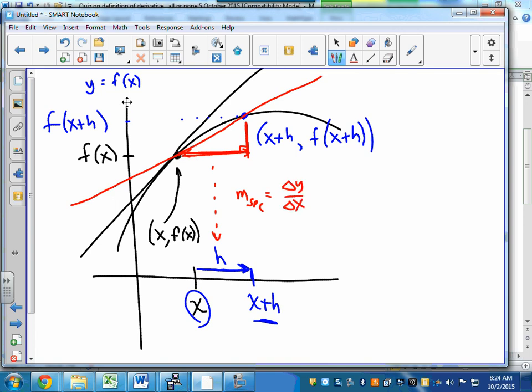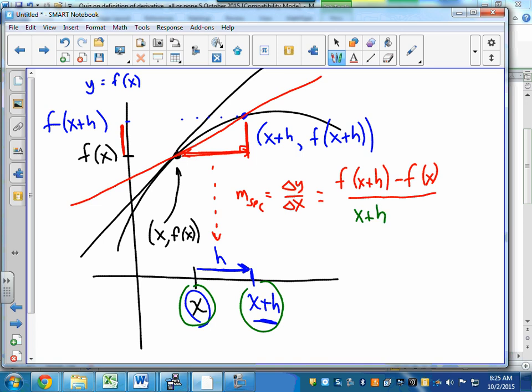The change in y is going to be this vertical distance. So it's the top y coordinate, f of x plus h, take away f of x, and the change in the x coordinate is going to be this x value take away that x value. I could write that, I suppose, x plus h take away x.